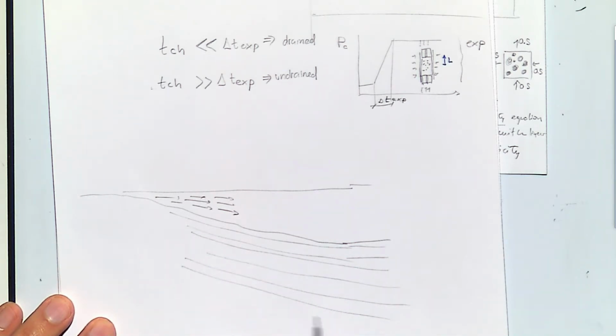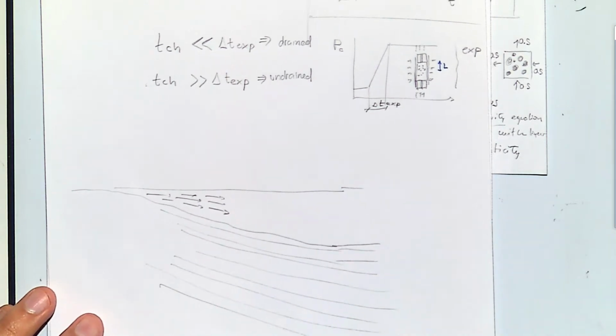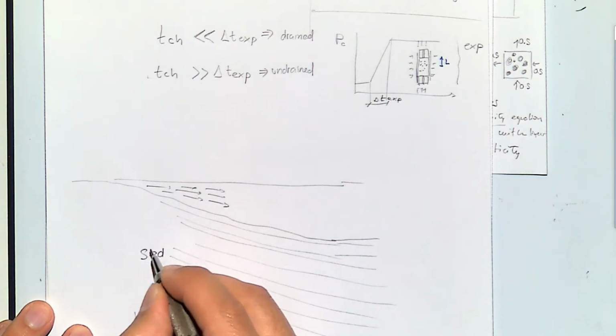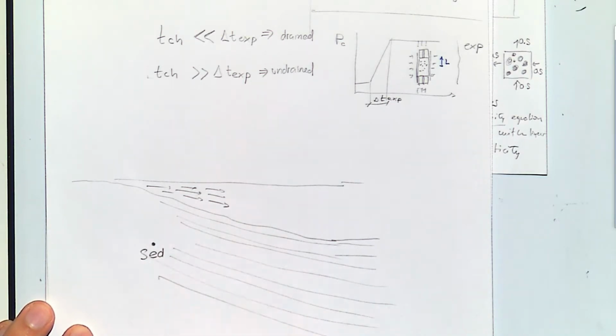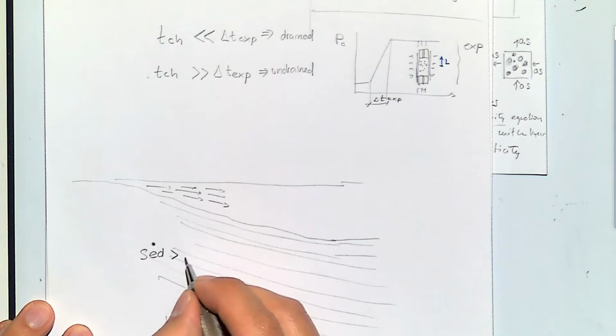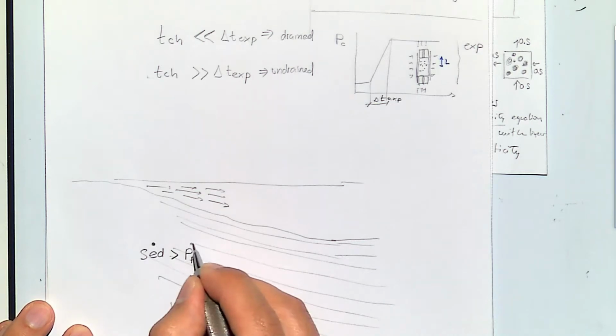You may have at some locations places in which the rate of sedimentation, this point means rate, the rate of sedimentation may be larger than the rate of pore pressure diffusion.